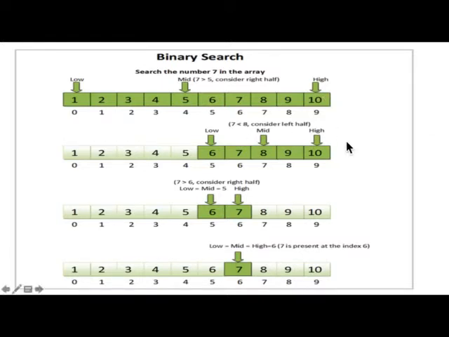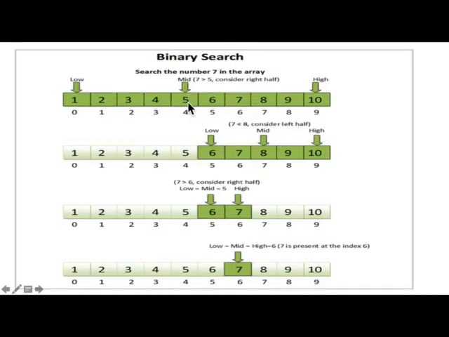No, I'm sorry. High index is 9. My mistake. These numbers are kind of confusing me a little bit. So high index is 9, low index is 0. 0 plus 9 is 9, divided by 2 is 4. So my midpoint is index of 4.